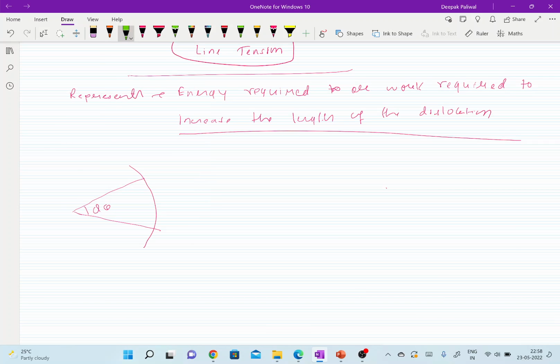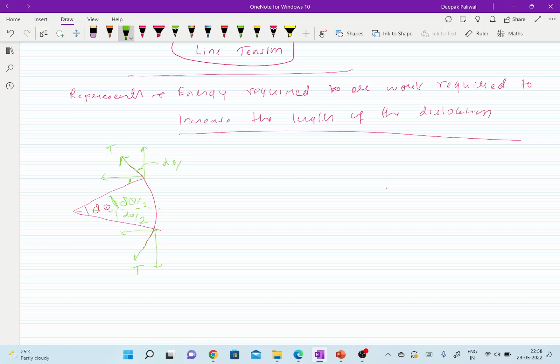So this is your line tension T. Let us take components. Let me divide this d theta by 2, again this is d theta by 2.